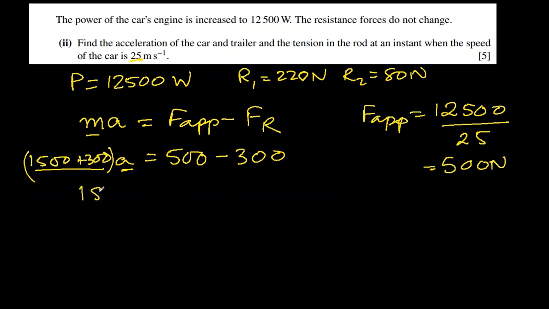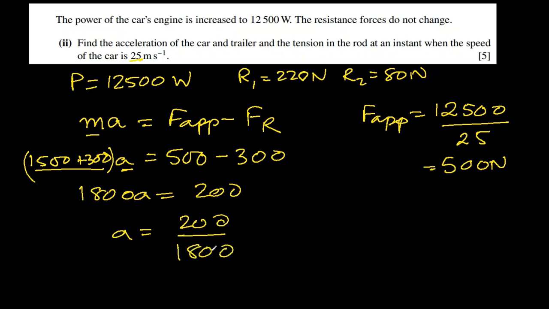It becomes 1800 a equals 200. They were asking to find the acceleration, right? So it will be 200 over 1800, which is 1 over 9, which would be 0.1111 meters per second squared.